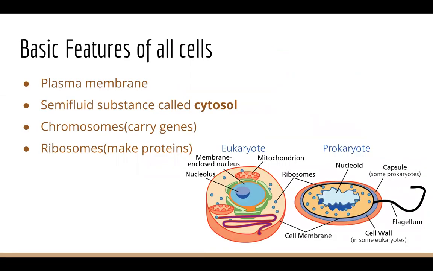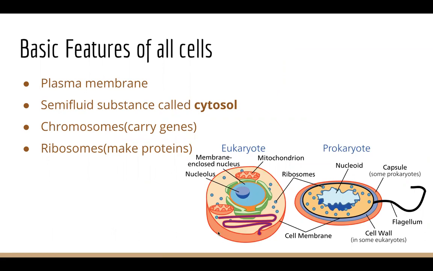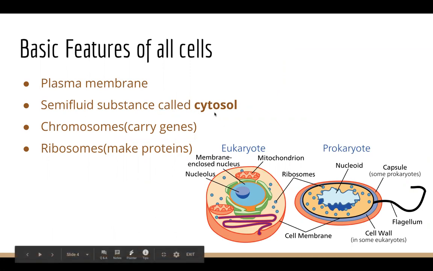Here are some basic features of all cells, no matter if it's prokaryotic or eukaryotic. All cells have something called a plasma membrane, which we can see in the picture right here. It's the cell membrane of the cell, and it makes sure that all the organelles are within this cell. And there's also the semifluid substance called the cytosol.